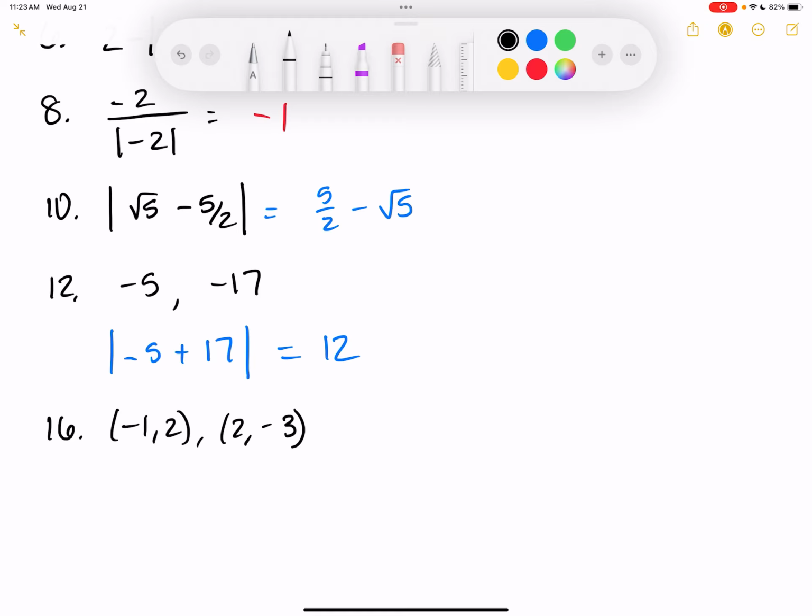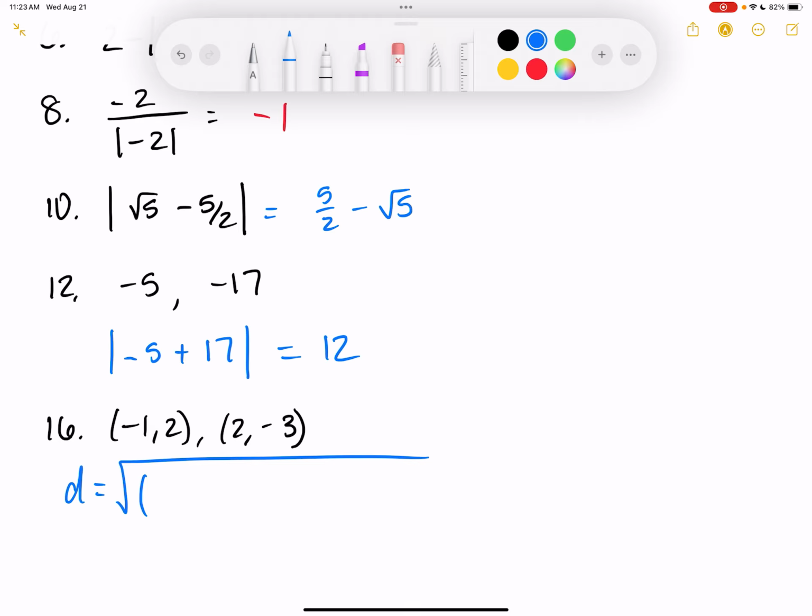You do x2 minus x1, y2 minus y1, squared. You have to say square root first because everything goes under that. So it's 2 plus 1 squared, and then negative 3 minus 2 squared.